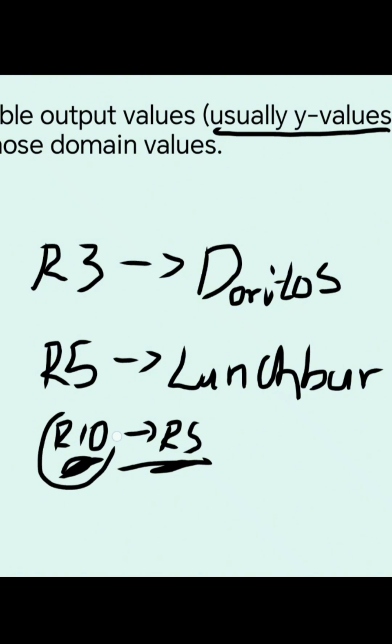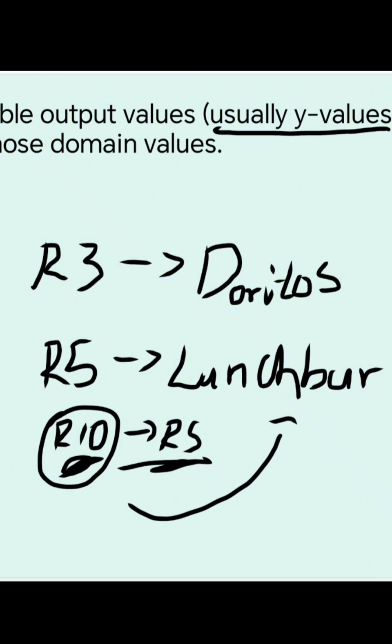That amount is not allowed, it is not possible to put it inside the vending machine to get your output. This machine is strict: you must insert a 5 rand coin so that you get a lunch bar.